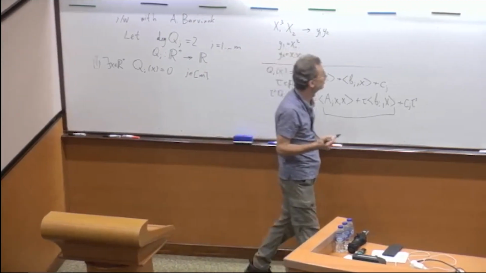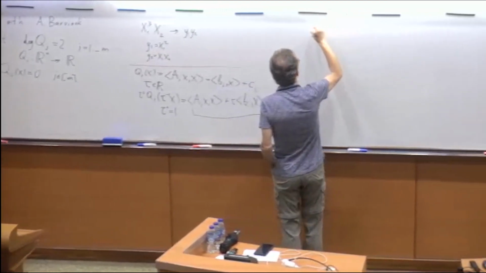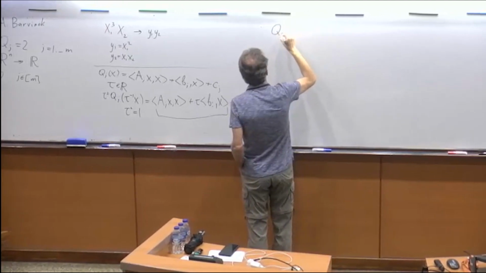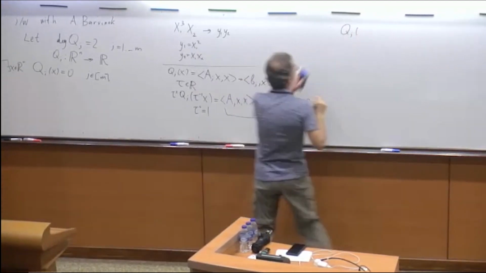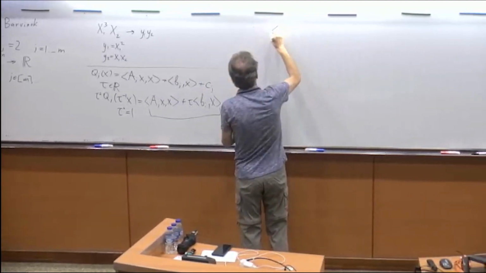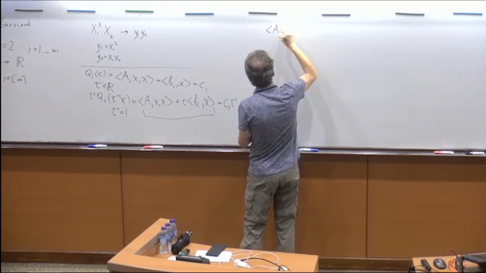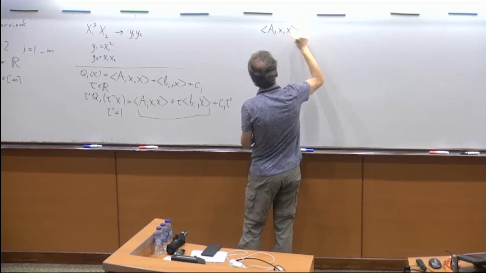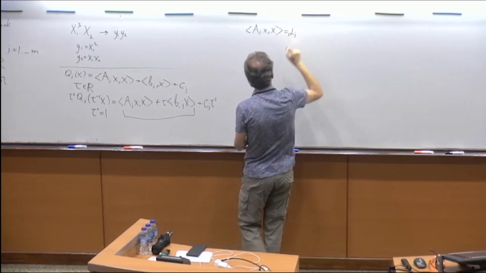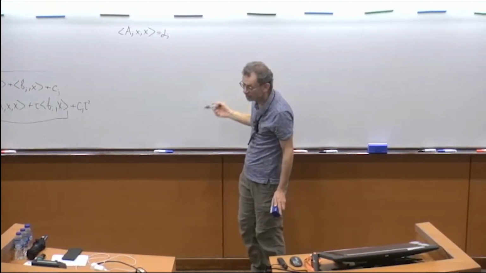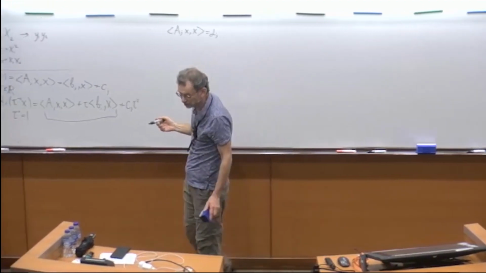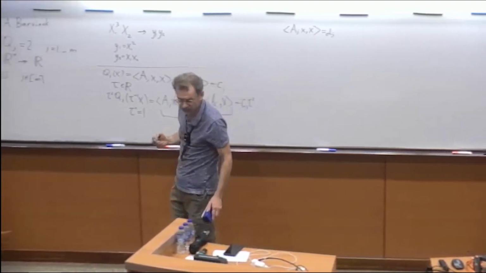So our system will look like Aj x times x equals alpha j. And there is another simplification which is much less trivial than that.